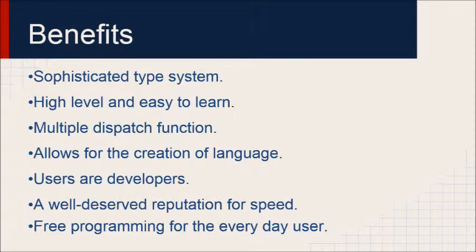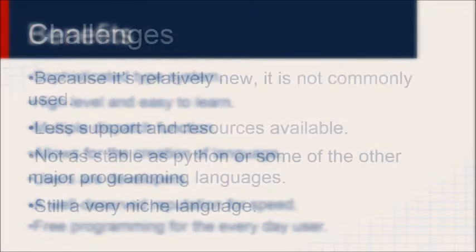Julia is perceived as high level, which usually means it's easier to learn, with a multiple dispatch function. It allows for users to be highly involved with the creation of language, as users are in fact developers. And furthermore, Julia is quickly developing a reputation for speed in its programming code.